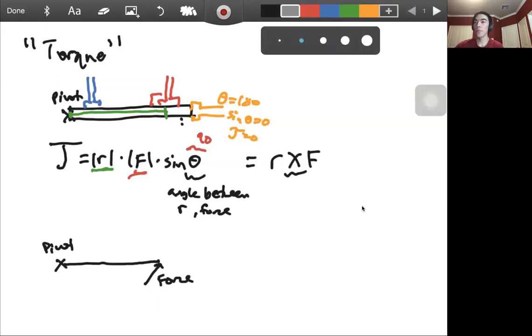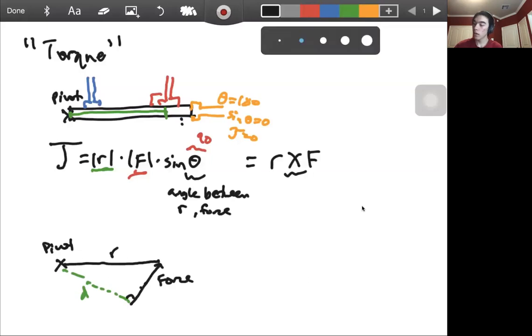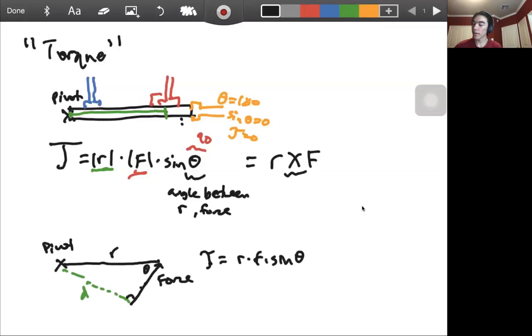Well, if you use trigonometry, you realize that if you drop a perpendicular to the force, so this length is R, let's call this length D. Then our torque before was R times F times sine theta, but that's actually equal to D times our force.